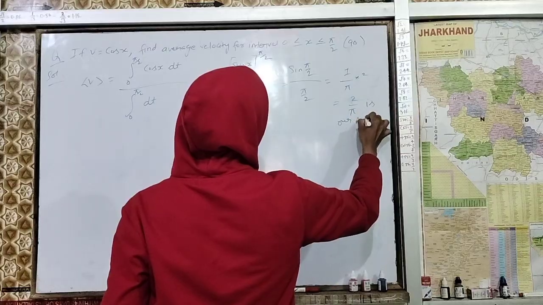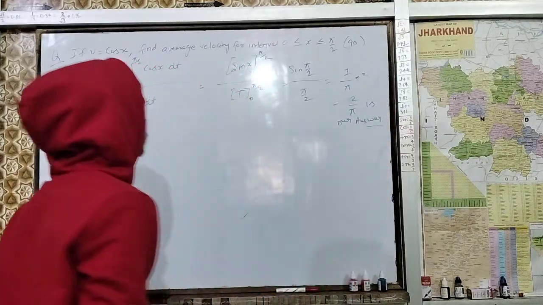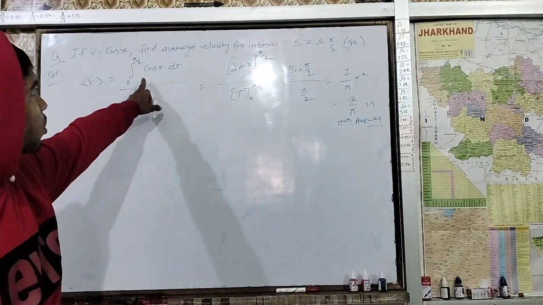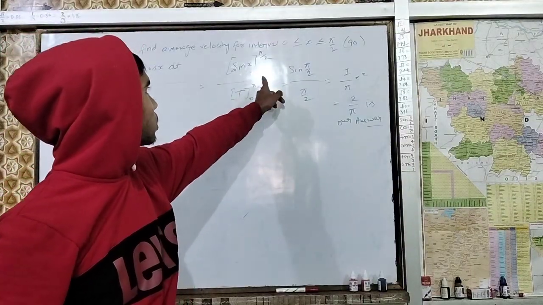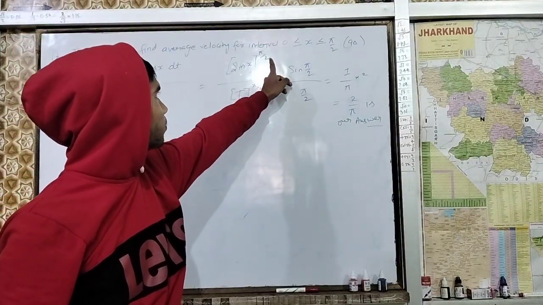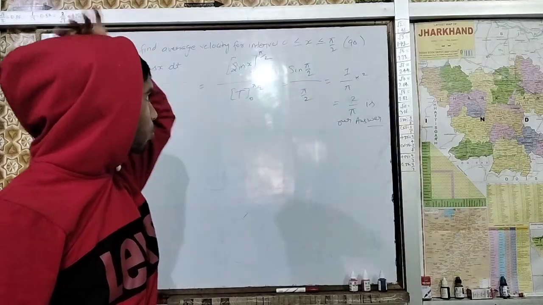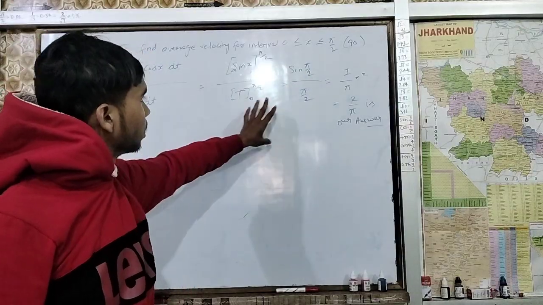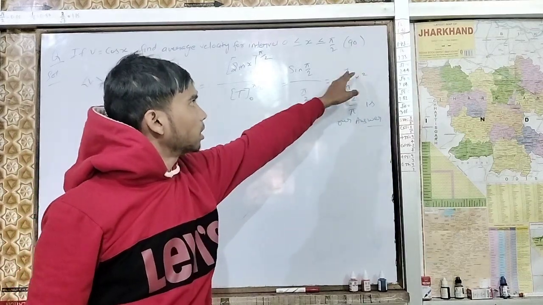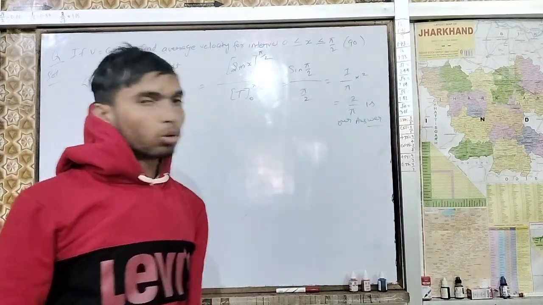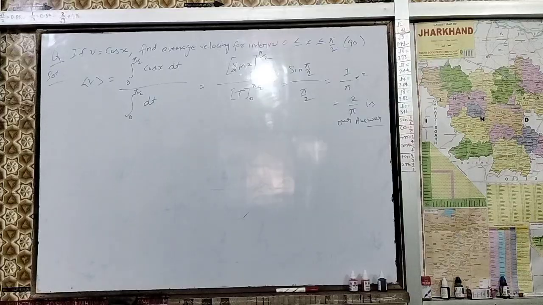The integration of cos x is sin x, sin 0 is 0, sin pi upon 2 is 1, and we put t as pi upon 2. Finally we get 2 upon pi as the result.